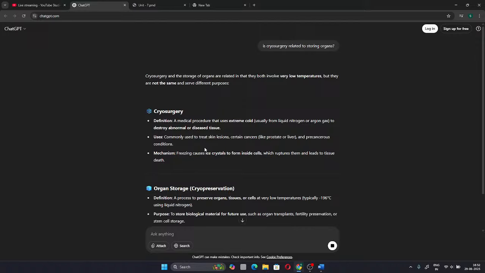Cryosurgery, a medical process that uses extremely cold, usually from liquid nitrogen or argon gas, to destroy abnormal or diseased tissue. Treat skin lesions, so it seems I'm wrong.